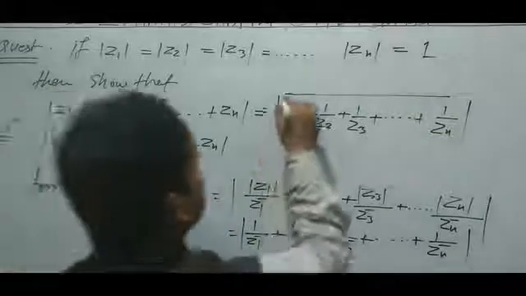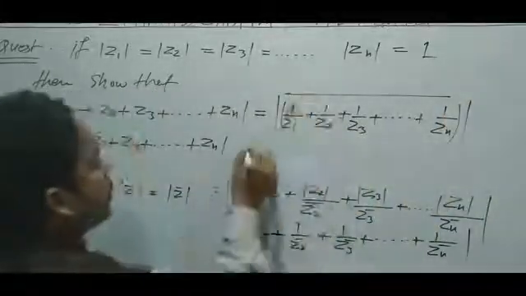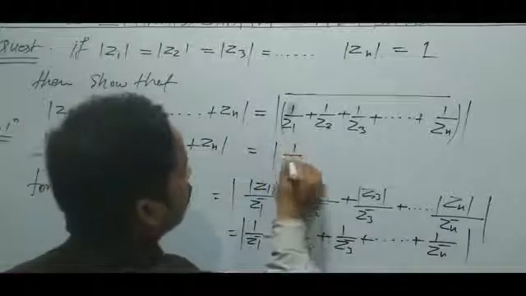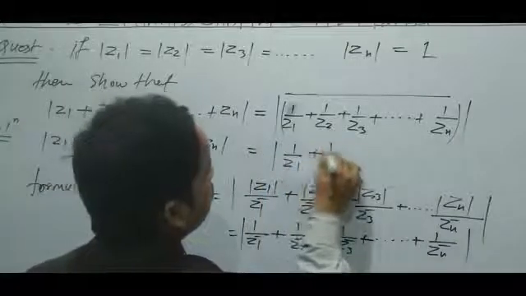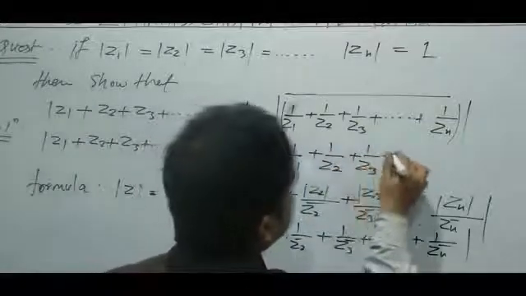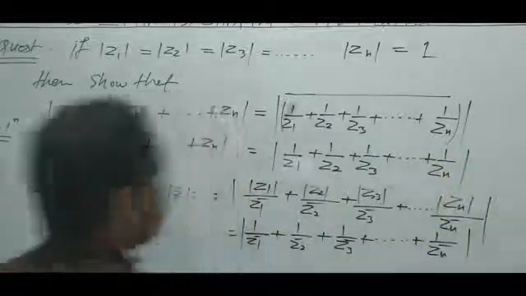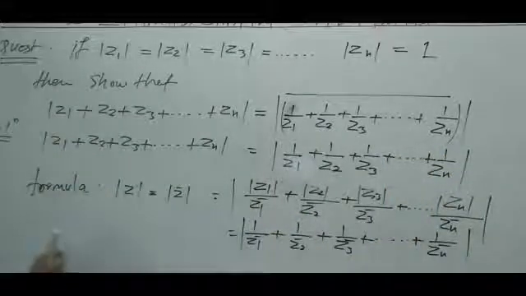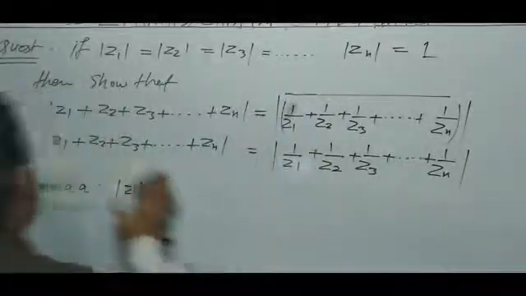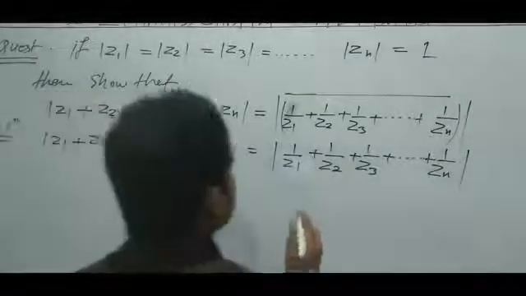Similarly, this is the complex number and this is in mod of z bar, and this one we can write 1 upon z1 plus 1 upon z2 plus 1 upon z3 plus up to 1 upon zn. Now hence proof.